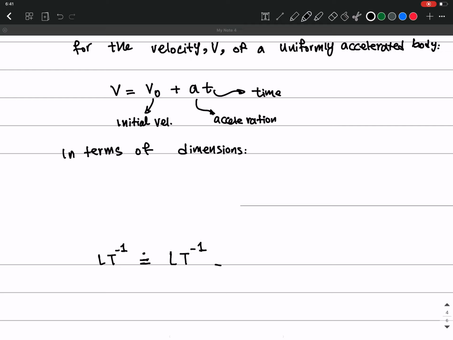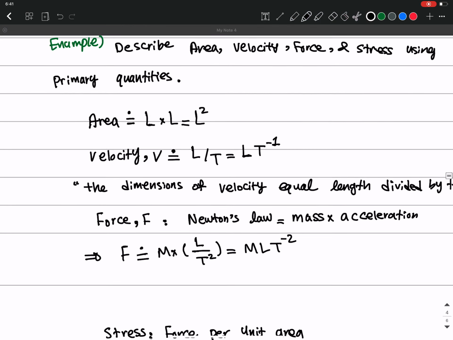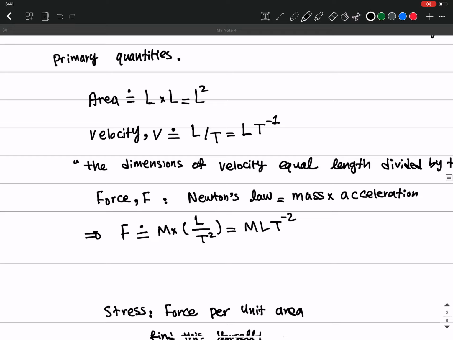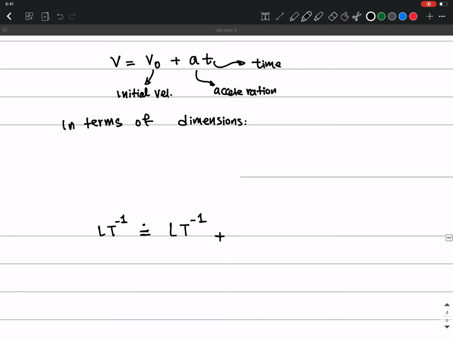And then we have plus two terms. The first one is acceleration. So let's see what is the dimension of the acceleration. So the acceleration is going to be velocity over time, right? So we are going to have LT minus 2 times time, correct?